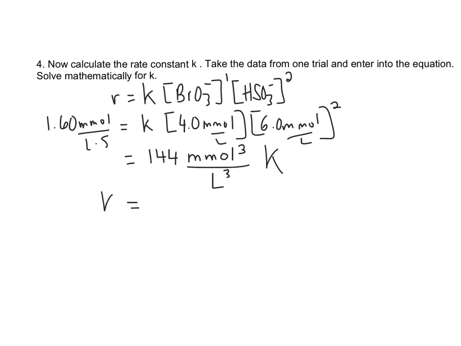So our K value then is 1.6 divided by 144. So that gives us 0.011. And we had millimoles per liter per second from our rate divided by millimole cubed over liters cubed.